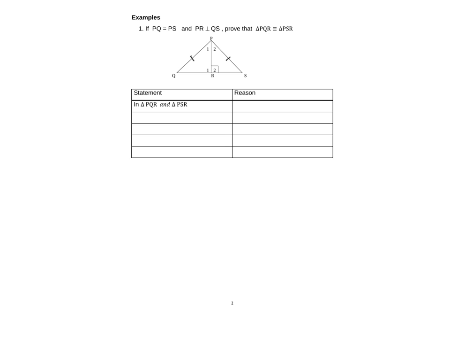Let's see. Then we have the side length PR belonging to both of our triangles, and therefore it's called a common side. So we've got PQ equal to PS.